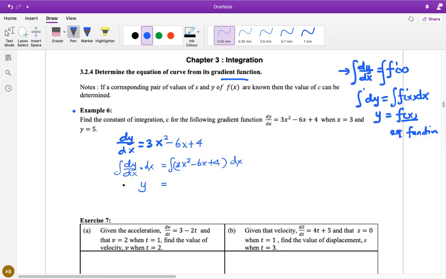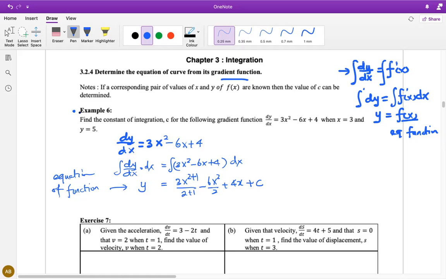So y, we call it the equation of function. When you integrate this, you will get 3x to the power of 2 plus 1 over 2 plus 1, minus 6x squared over 2, then plus 4x. And then remember you have plus c.